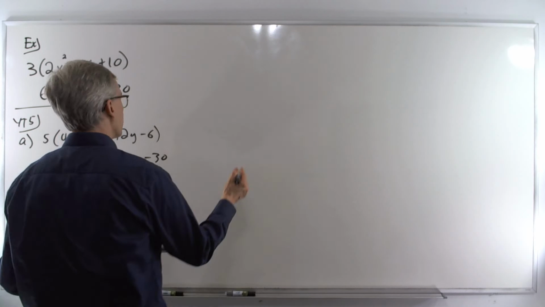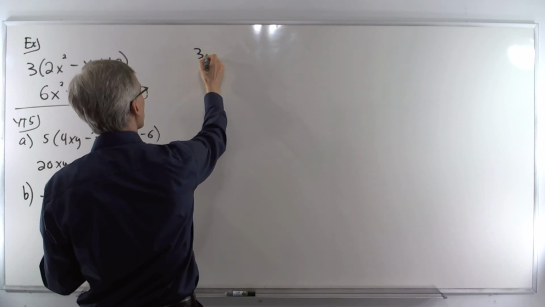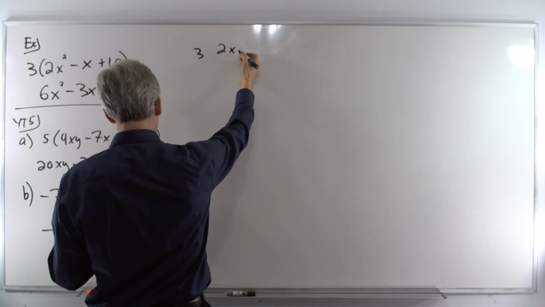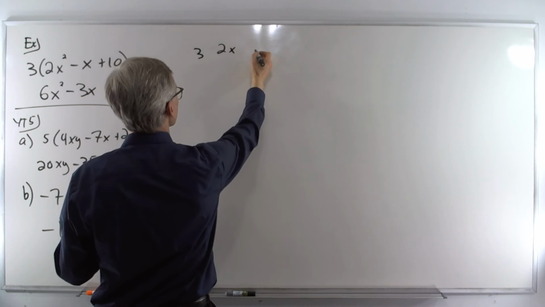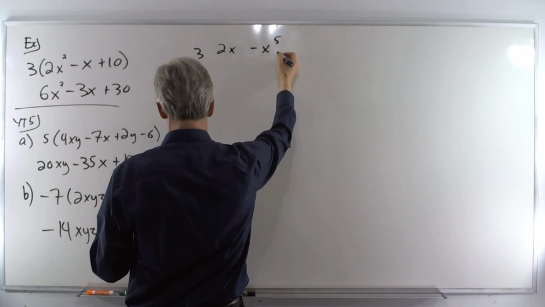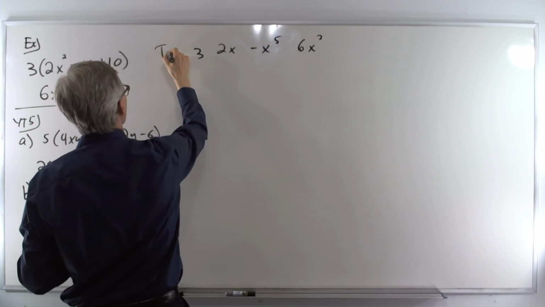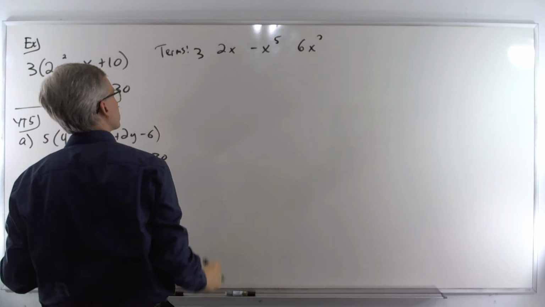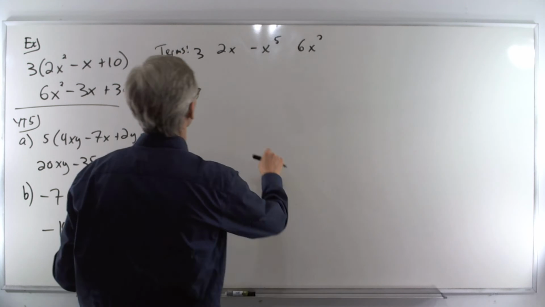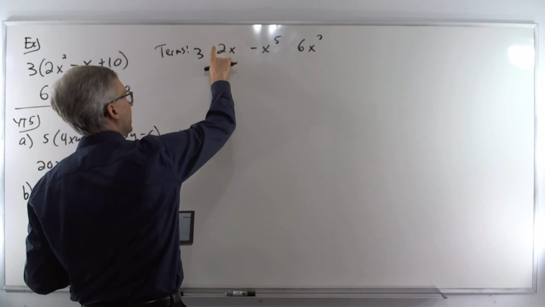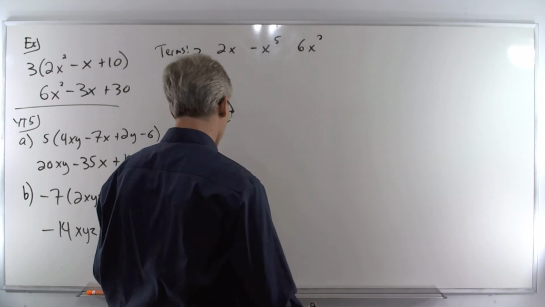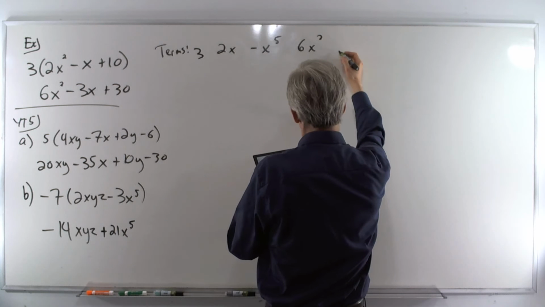So a term is the product or quotient of numbers and variables, and things could be raised to a power. So here's some terms. For example, we got 2 multiplied by an x. So multiplication is okay to have.